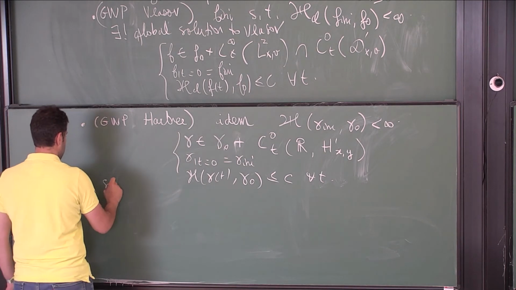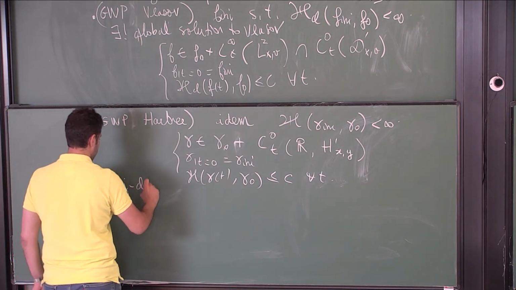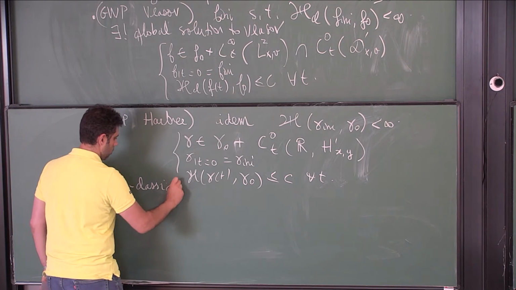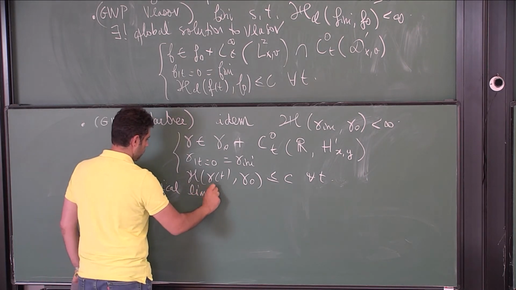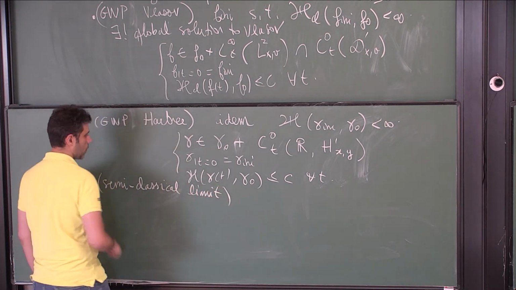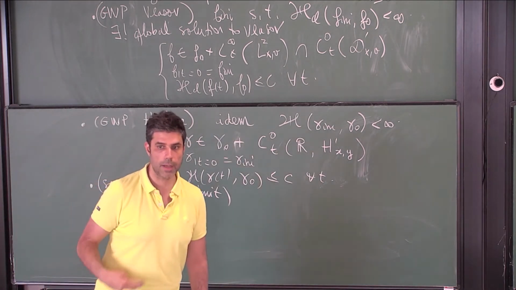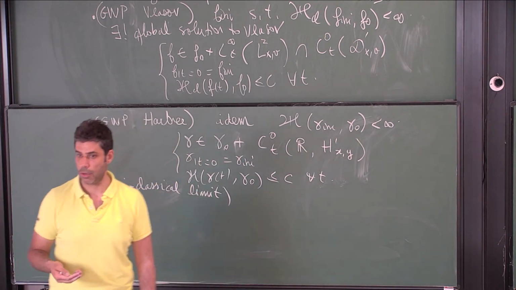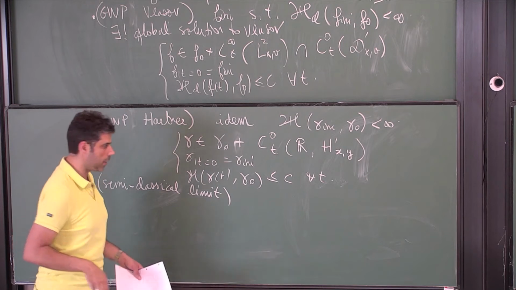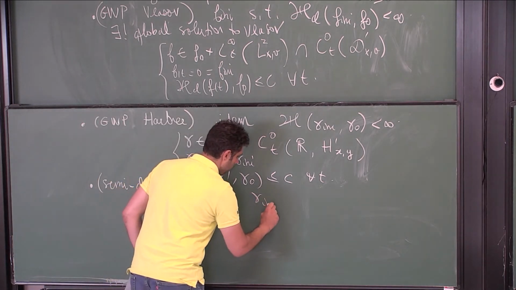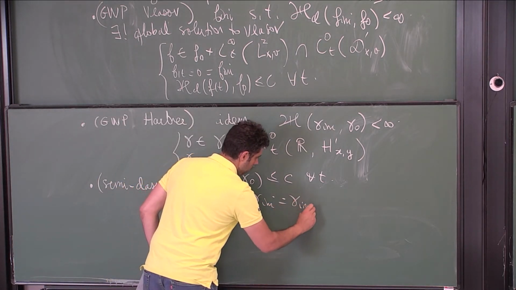And now the semi-classical limit. To do the semi-classical limit, I have to consider a sequence of initial conditions. So now my initial gamma will depend on h bar.